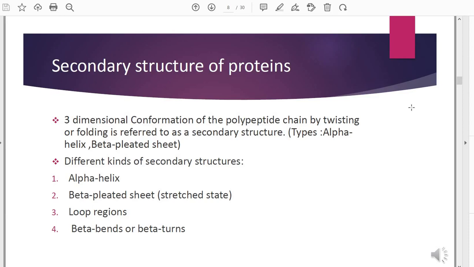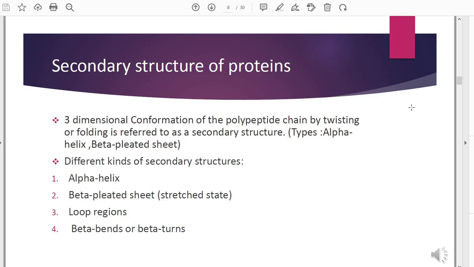Alpha helix, we saw the figure before and we will see it again. Beta pleated sheets, the stretched state, the loop region, and the beta bend or the beta turn. They are all secondary structures or twisting of the polypeptide chain.